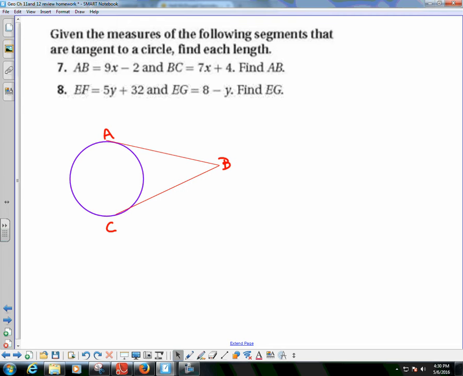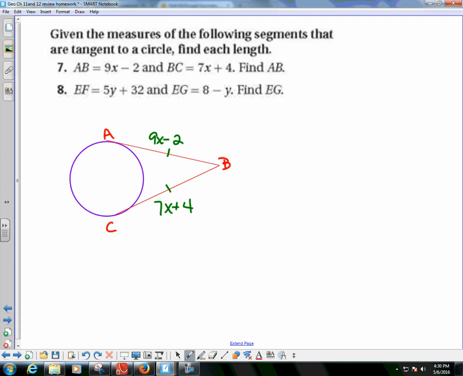I've got two segments that are tangent to the circle from the same external point. And the thing that I know about that is if they are tangent to the circle from the same external point, then these two segments are congruent to each other. So I'm going to label AB as 9x minus 2, and I'm going to label BC as 7x plus 4.